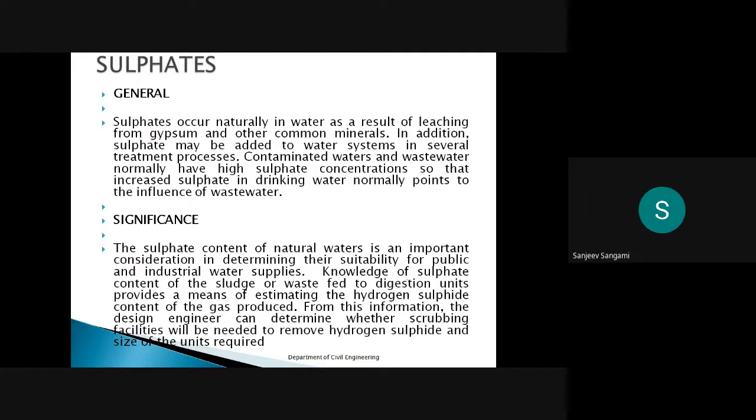Sulfate content in natural water is very important for its suitability for public and industrial water supplies. Knowledge of the sulfate content of the sludge as well as the waste feed in digestion units is also very important. Of course, we'll not go into detail.